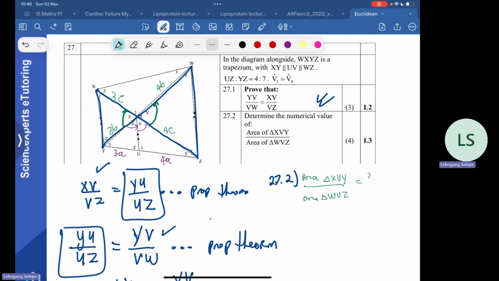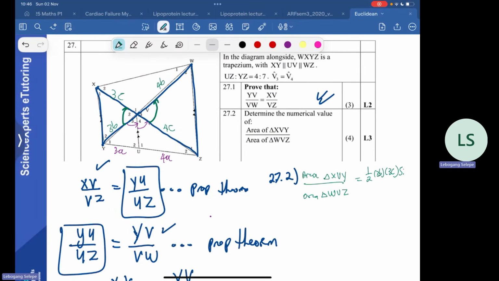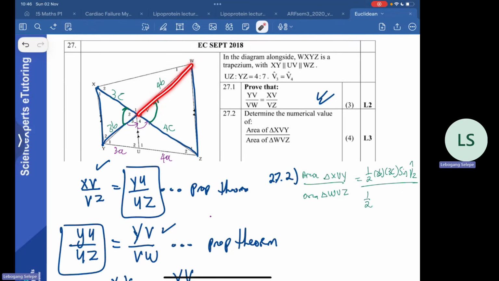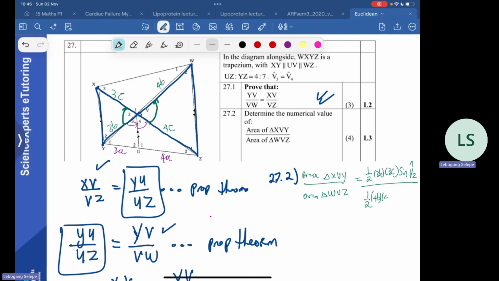So half 3B multiplied by 3C, the sine of angle V2, right? Over, same thing, half on this triangle now. I'm still using this angle V5, but I'm gonna use the sides 4B and 4C, right? So half 4B multiplied by 4C, then the angle is sine V5, right?